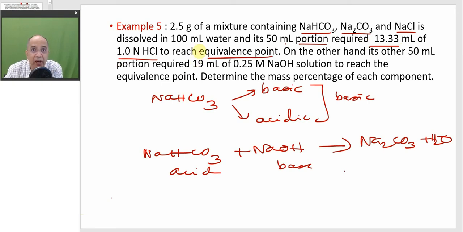It is not mentioning any indicator. Equivalence means complete. That means methyl orange must have been used, since sodium bicarbonate is there and sodium carbonate is there.